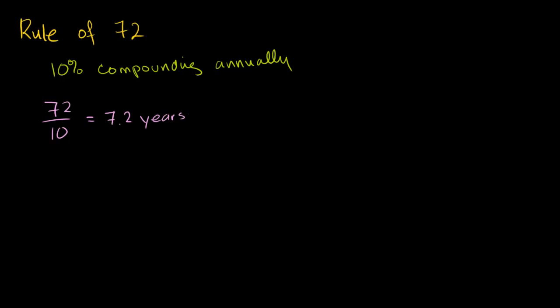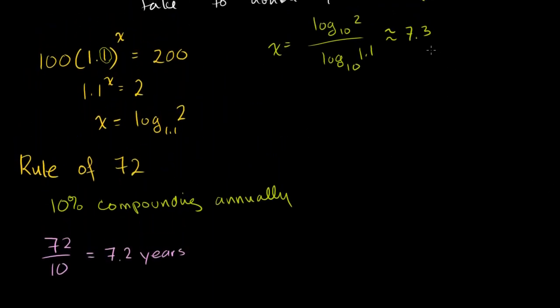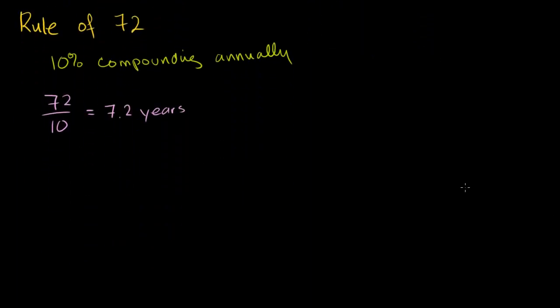So I got 7.2 years, which is pretty darn close to what we got by doing all of that fancy math. Similarly, let's do another problem. Let's say I'm compounding 6% annually.